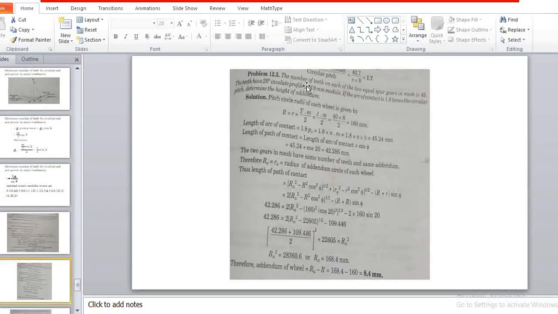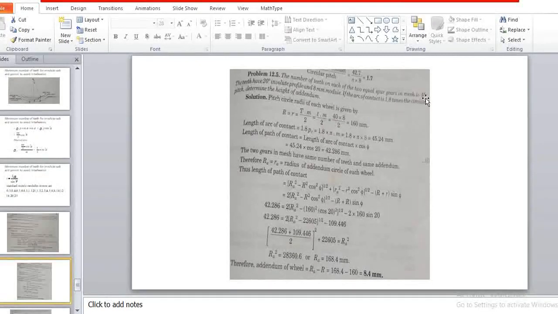Capital R depends on the number of teeth on each of the two equal spur gears, so small r and capital R are equal. We can find it as mT by 2, or using this notation, m into small t by 2, as the number of teeth are the same. Here the number of teeth are given as 40.